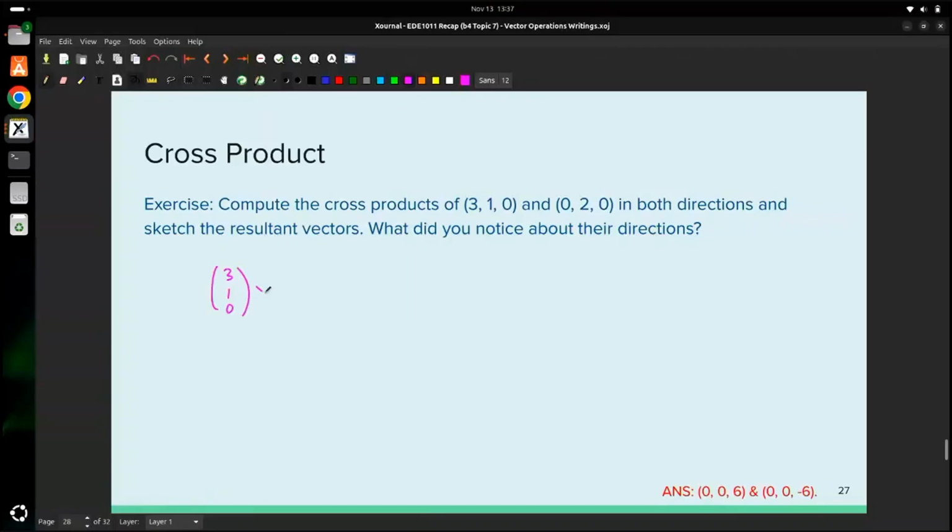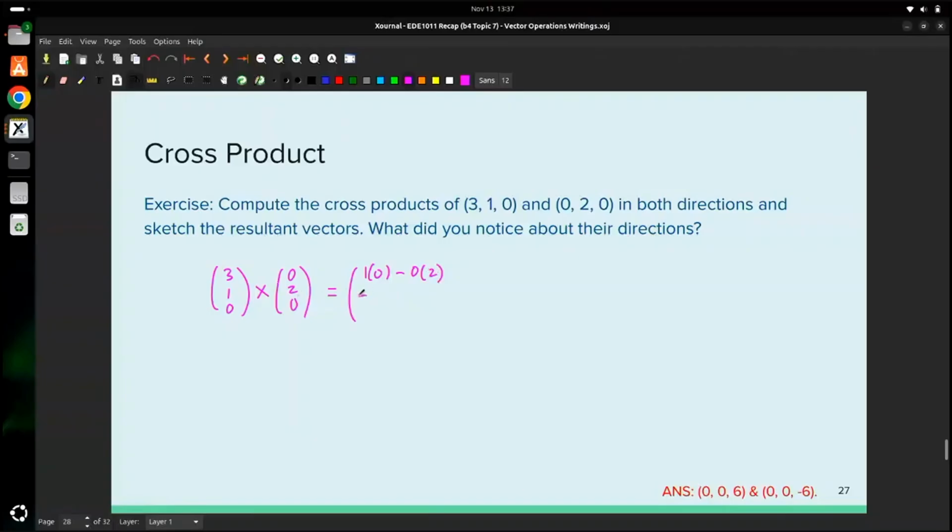(3, 1, 0) cross (0, 2, 0). First, cover the first row. Just imagine you're covering the first row, so just look at the second and the third row. 1 times 0, so let me write down the full operation. It's 1 times 0 minus 0 times 2.